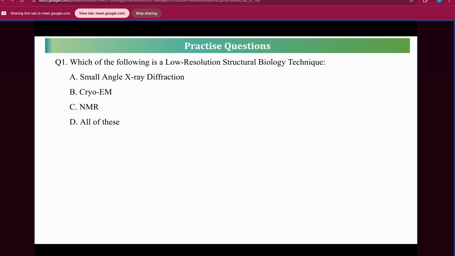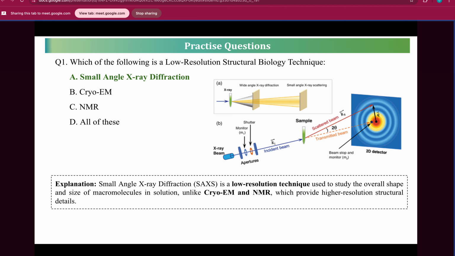Okay, I'll give you some seconds and then I'll discuss the result. Okay, now let's see. The right answer is small angle X-ray diffraction. We have already discussed that cryo-EM and NMR are high resolution structural biology techniques, and X-ray diffraction is also high resolution, but small angle X-ray diffraction is a low resolution technique.